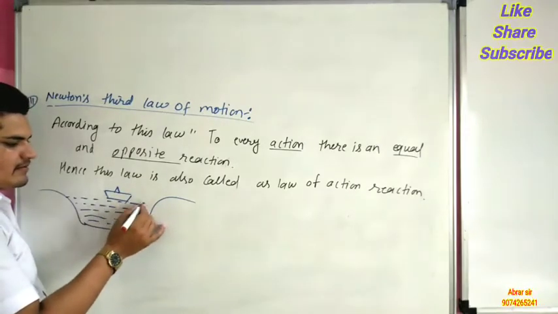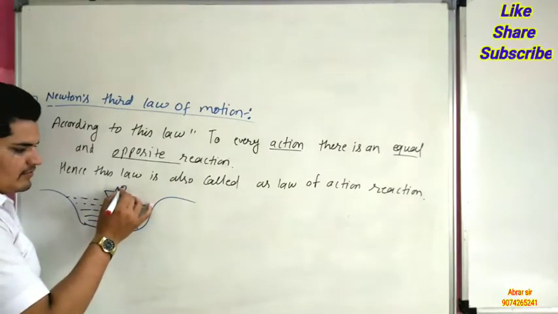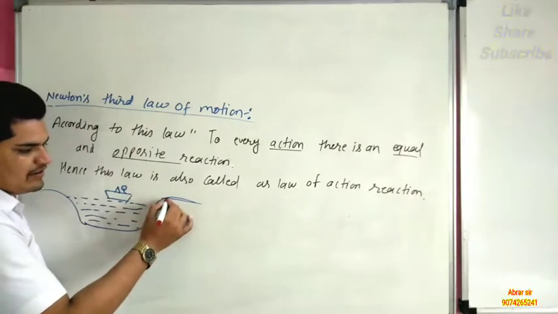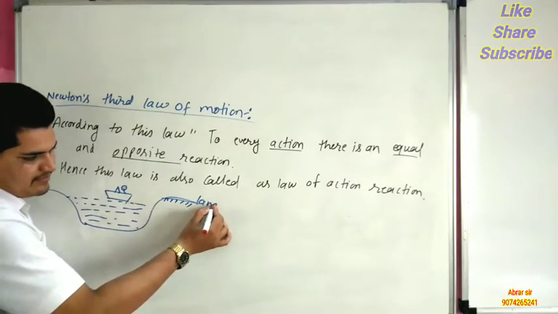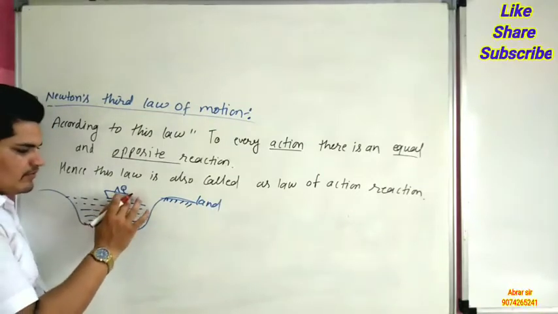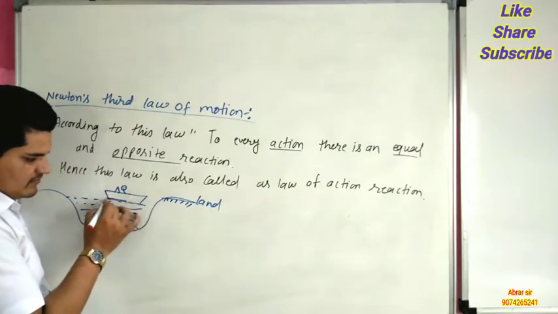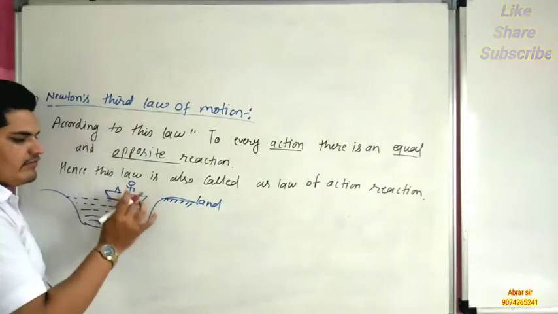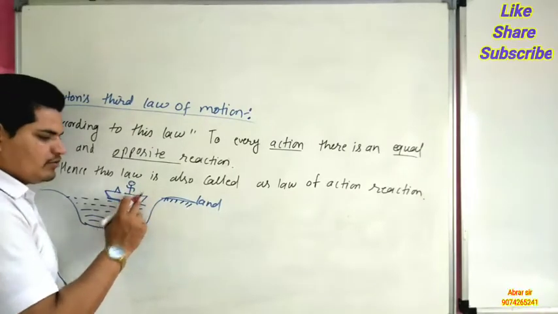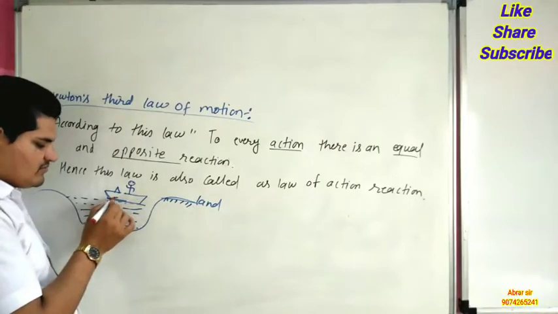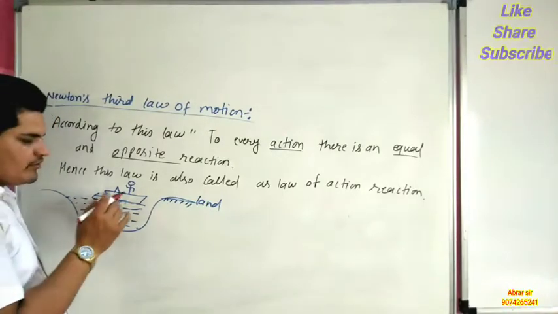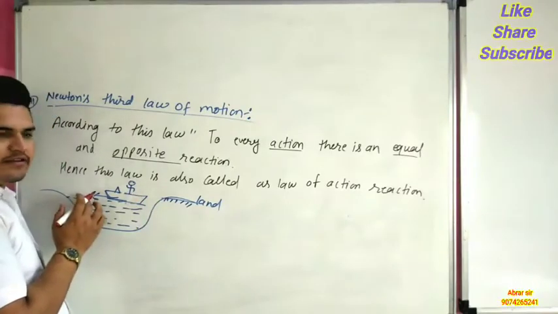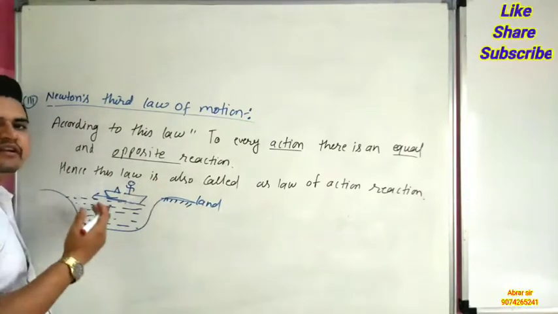When we jump from the boat to the land, the boat moves in the backward direction, because when we move in the forward direction, the boat moves backward. So to every action there is an equal and opposite reaction.